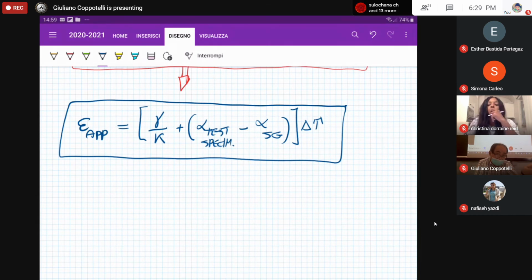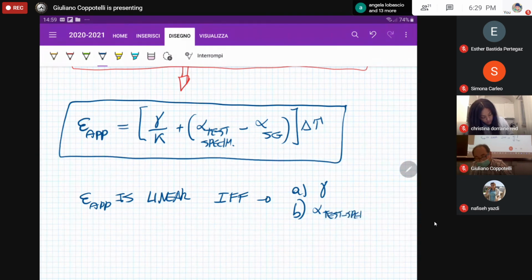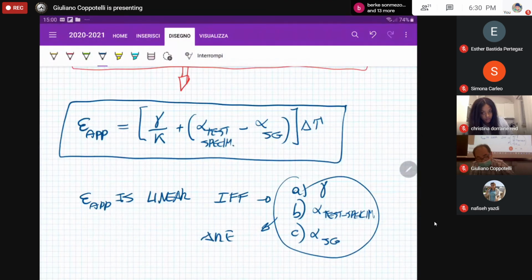So this apparent strain is a linear function if and only if both gamma and alpha test specimen and alpha strain gauge are constant with respect to temperature.